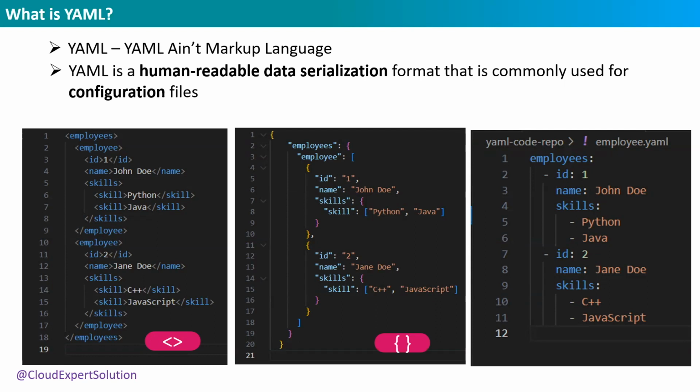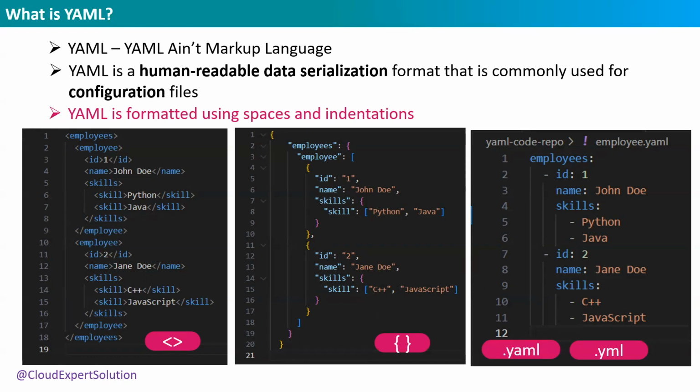But for YAML, it is only formatted using spaces and indentations. Now you must be thinking, what will be the file format for a YAML file? You can have two different file formats. Either you can use .yaml or you can use .yml. Both file formats work perfectly. You can choose what you want.